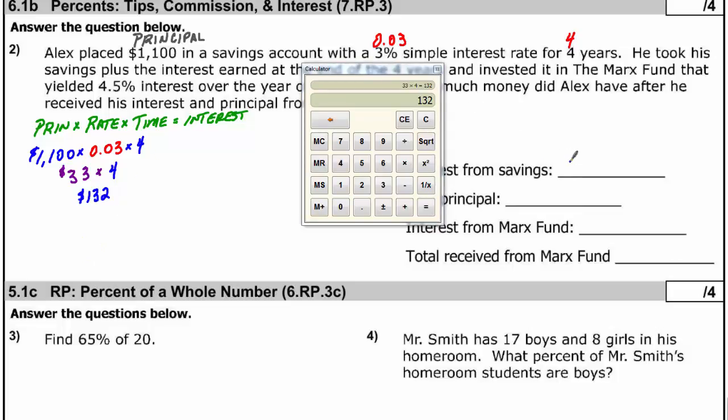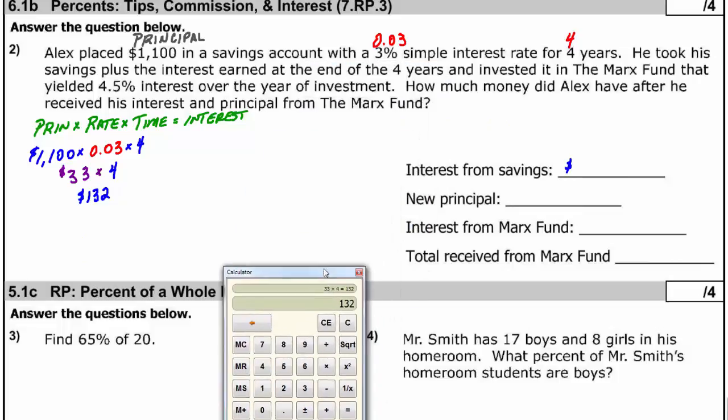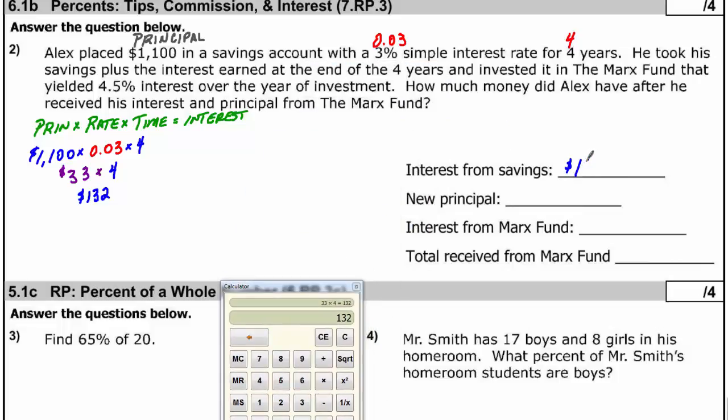That is the interest from savings, $132. Remember, this $33 was interest for 1 year of savings.